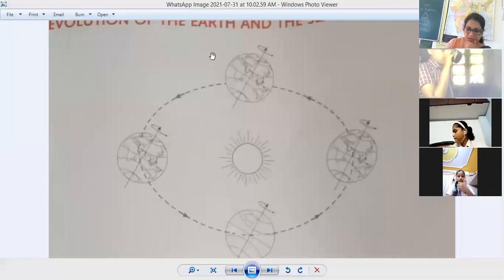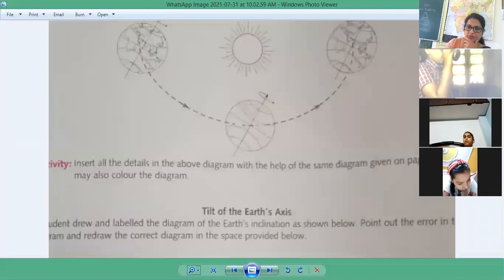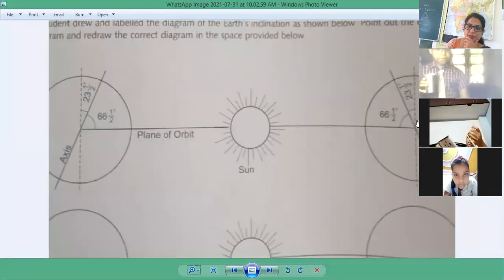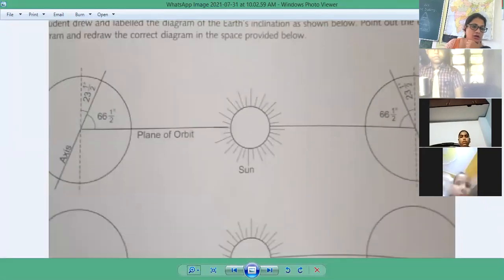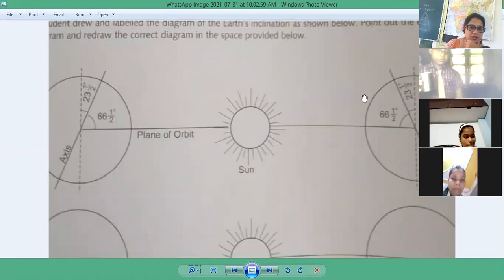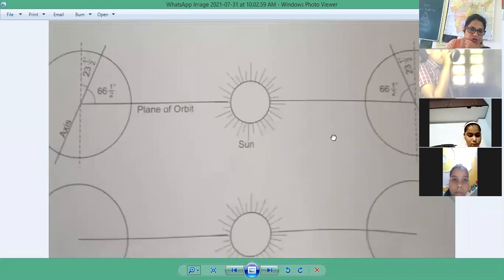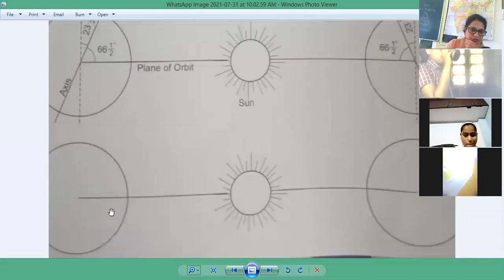Now come to the next figure. If you look at this next figure, this is wrong because the axis never turns its direction. The earth's axis always tilts in the east direction. So you draw this figure over here. This is wrong. Okay.